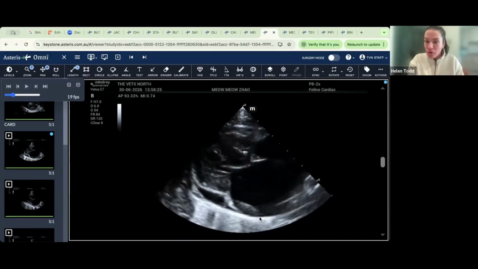So beautiful, bright white, really hyperechoic pericardium, pericardial effusion, ventricle. It's really easy to mistake a ventricle for a pericardial effusion when you're panicked. So we really want to look for that ventricle, myocardium, effusate, pericardium view. Beautiful.